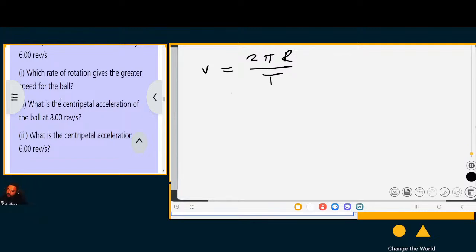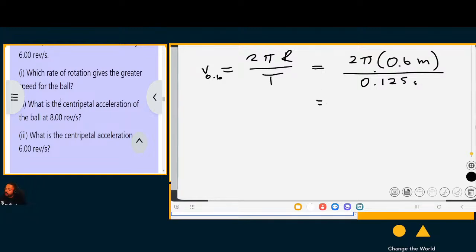So for the one that is 0.6 meters, the speed is equal to 2 times pi times 0.6 meters, and then the time it takes is 0.125 seconds. Your answer will be in meters per second, and I have confidence that all of you can just punch that in a calculator. You have 30.2 meters per second as the answer.